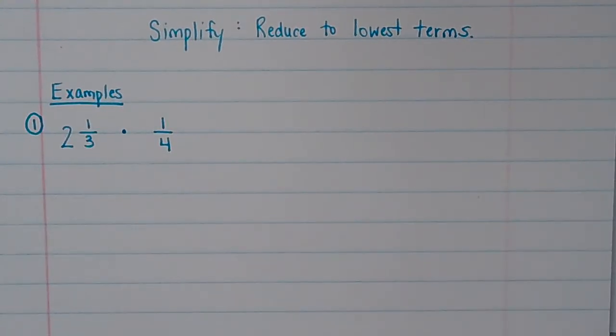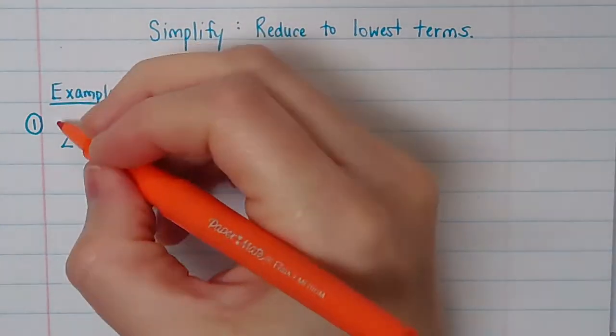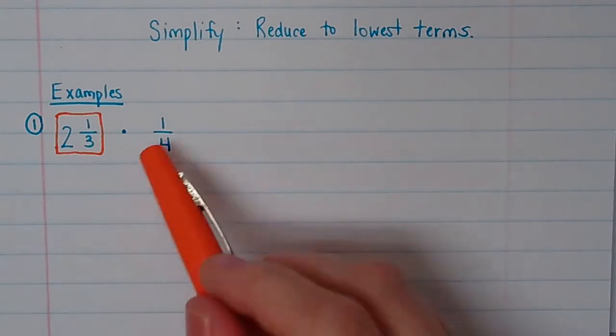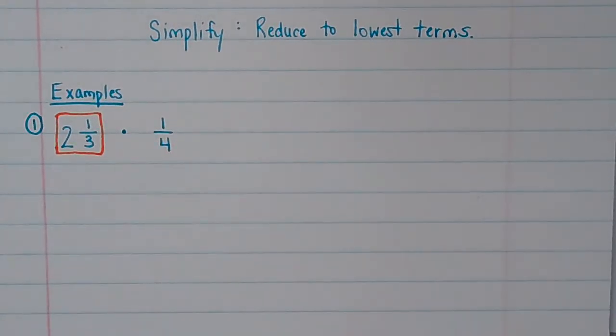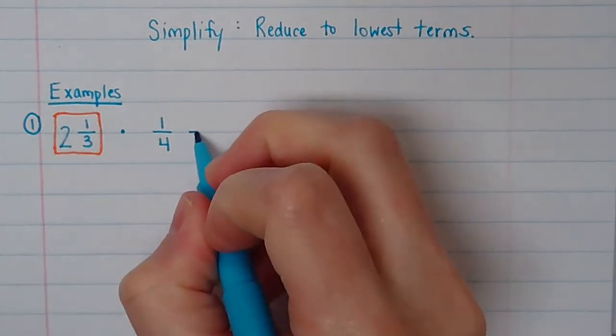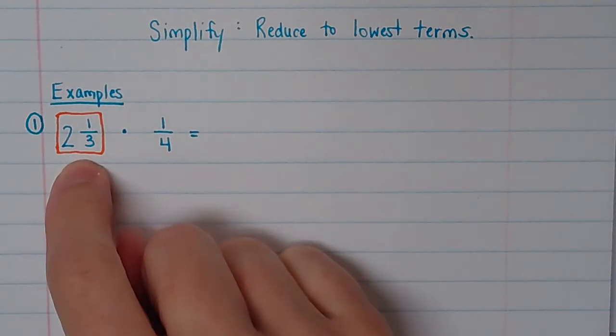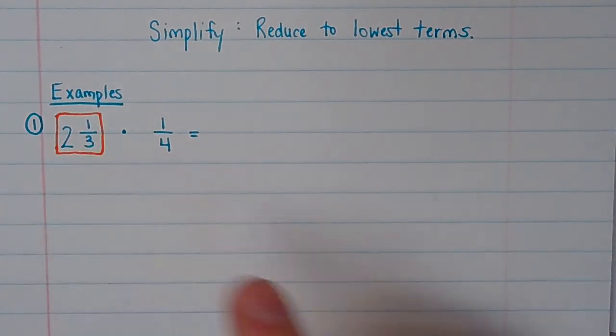So remember, SOS. The first thing I got to take care of is that I got to change my mixed numbers, or any whole number actually. So this right here has to go. I got to change this one. This one's fine because it's your regular fraction form. The reason we had to learn conversions before this is because I have to change this from a mixed number to an improper fraction.